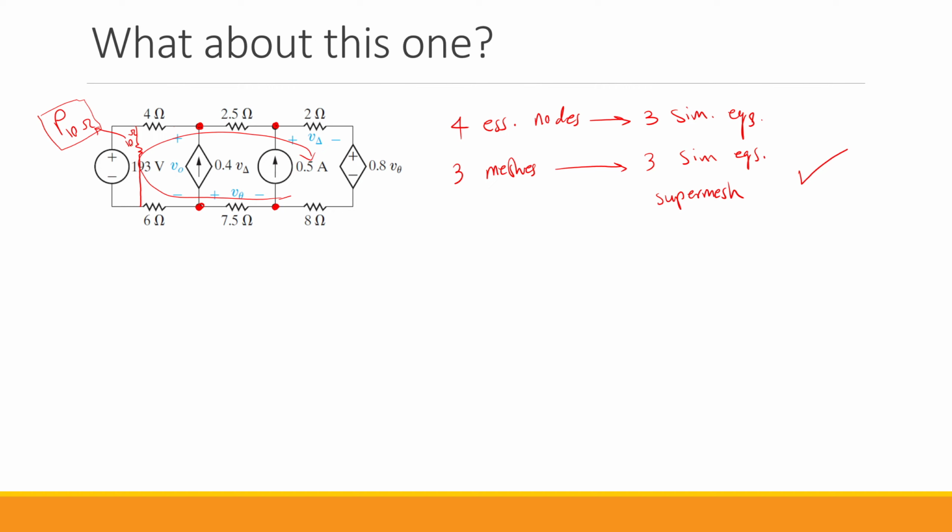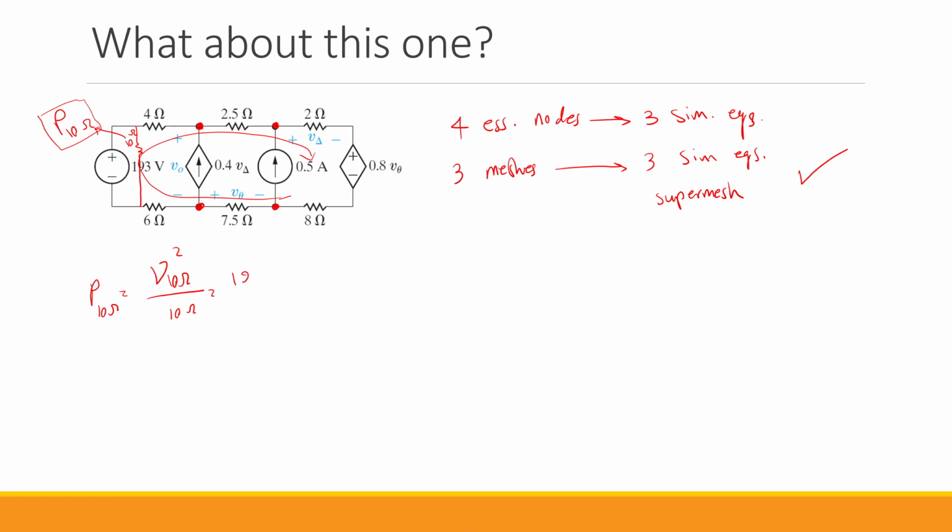The power that is consumed by this resistor, if you remember, we had a simple equation for that. It was the voltage across it squared divided by the value of the 10 ohm resistor.